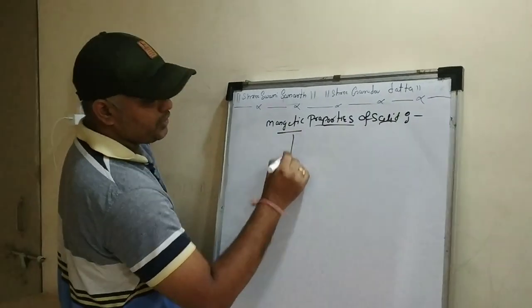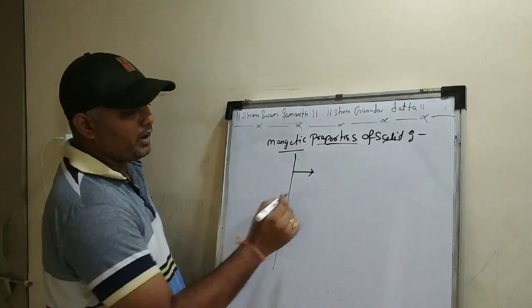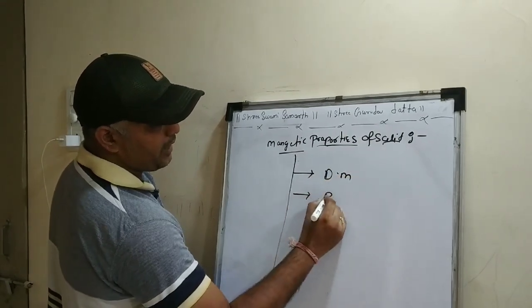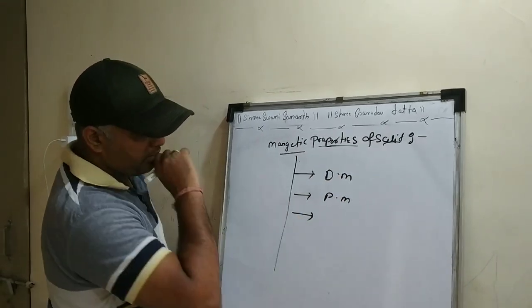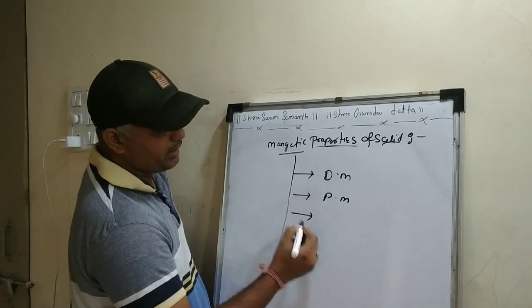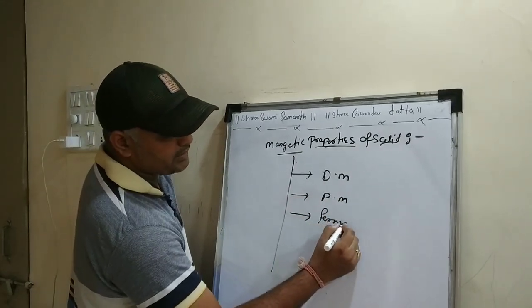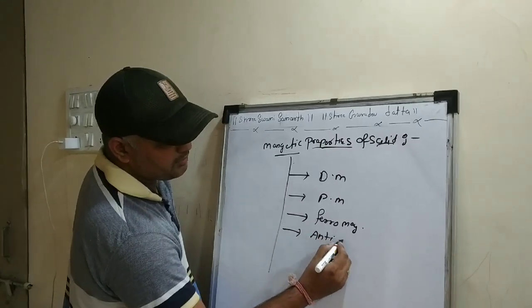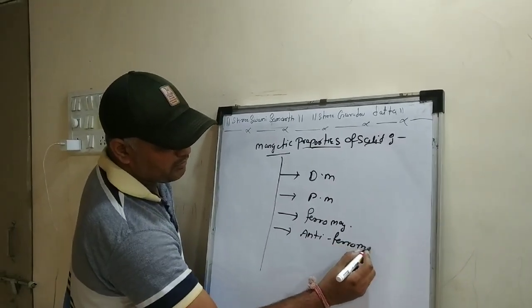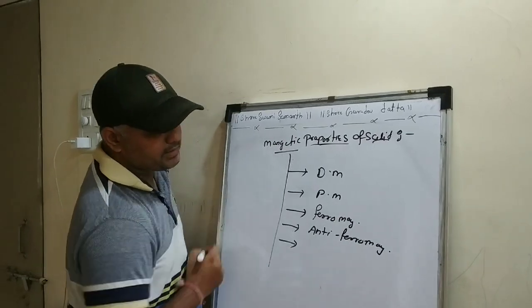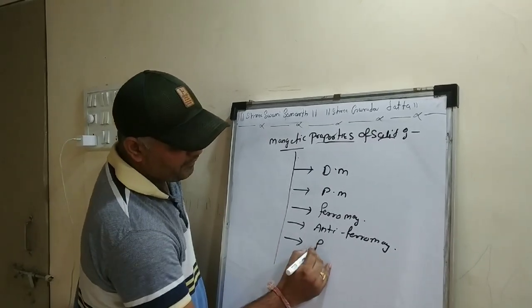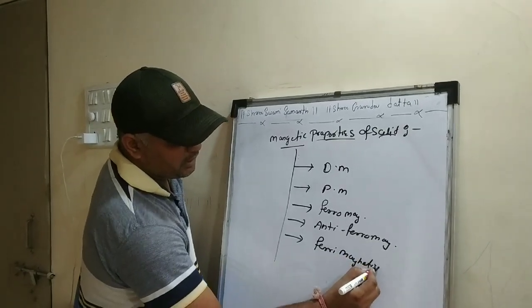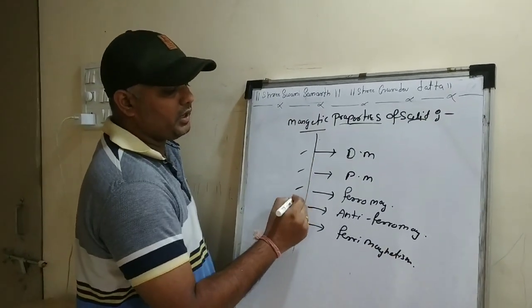Magnetic properties of a solid are divided into 5 parts: diamagnetism, paramagnetism, ferromagnetism, antiferromagnetism, then we had seen ferrimagnetism, right?